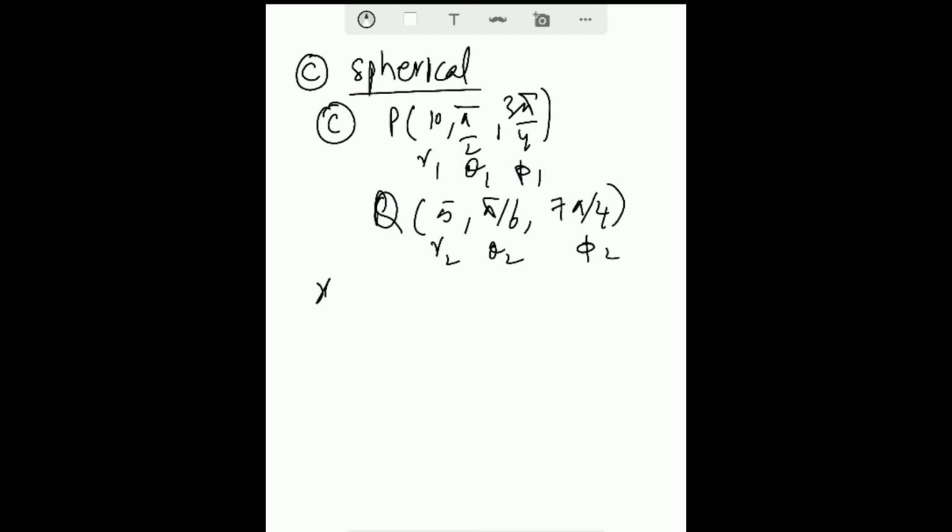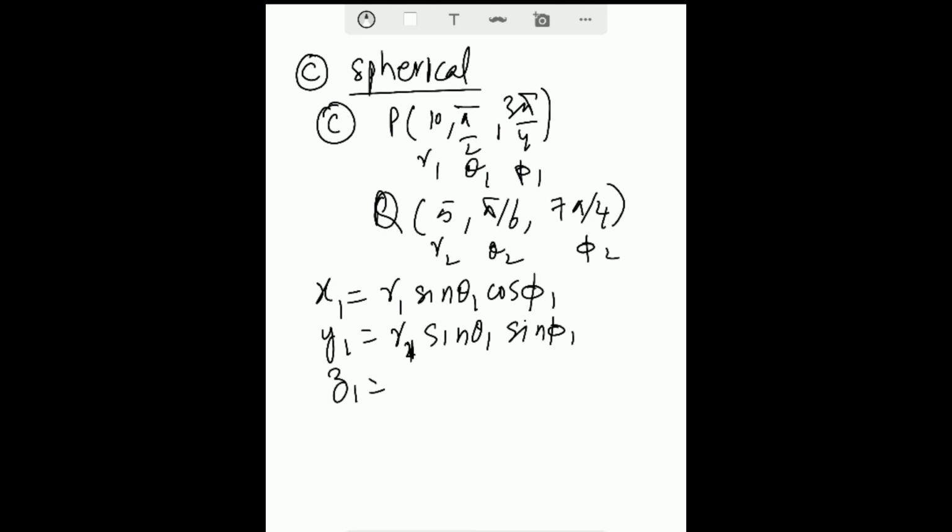So again the simple way to convert is we can use the rules: x1 is r1 sine theta 1 cosine phi 1, y1 is equal to r1 sine theta 1 sine phi 1, and z1 is r1 cosine theta 1.